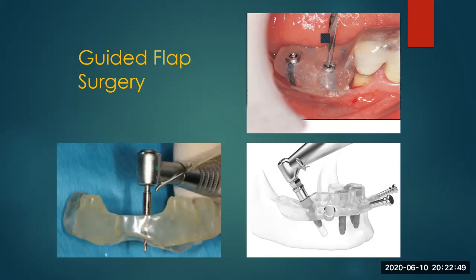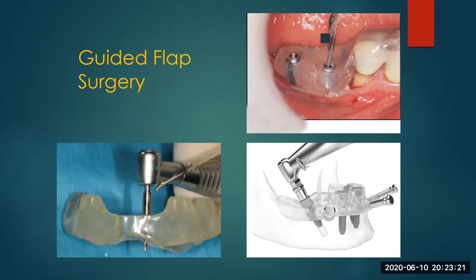Of course, from time to time you hear the concepts of surgically driven dental implant and prosthetically driven dental implant. The surgical guide works best, or more or less coincides, with the prosthetically driven dental implant concept.